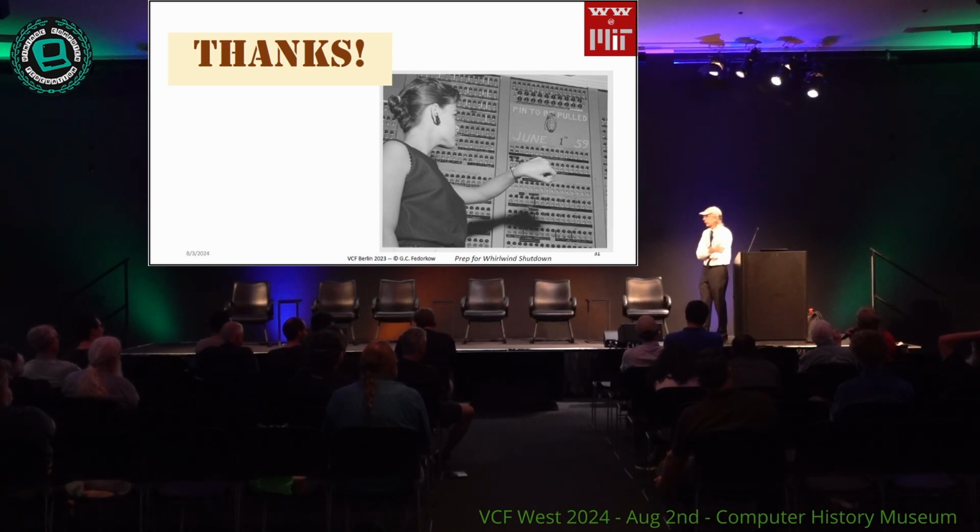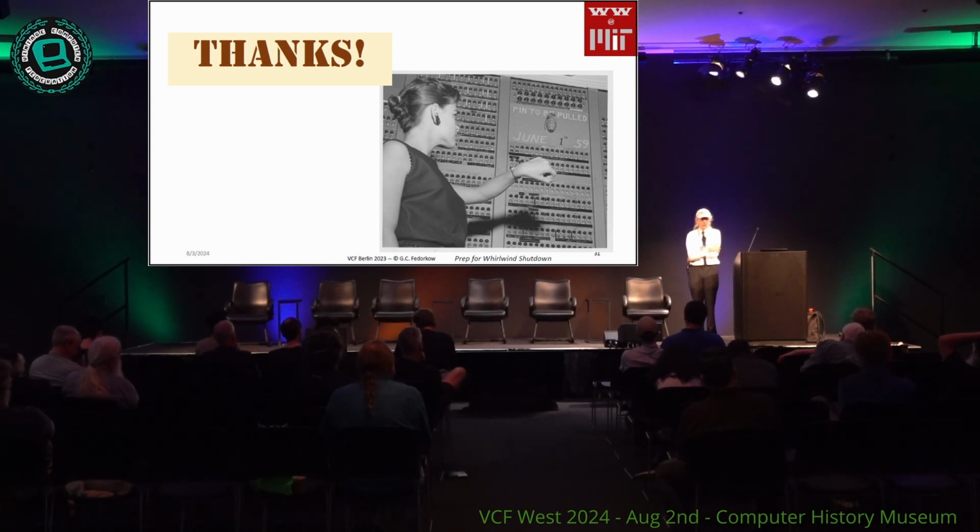There's an interesting thing there, too. I don't understand it very well. The Whirlwind guys knew about the Williams tube and somehow decided that it was really not good enough for their needs, and developed their own electrostatic tube.